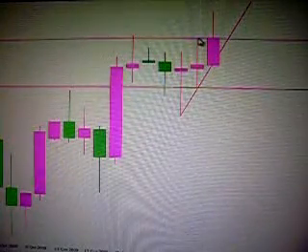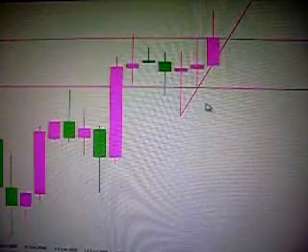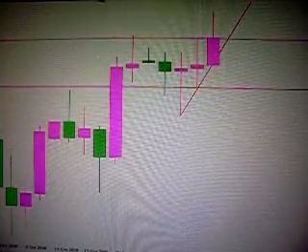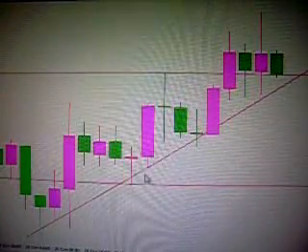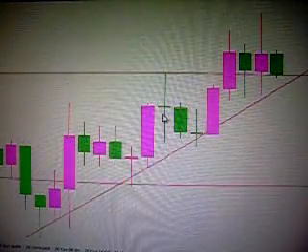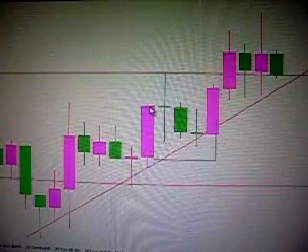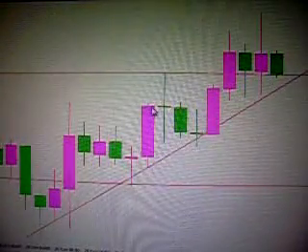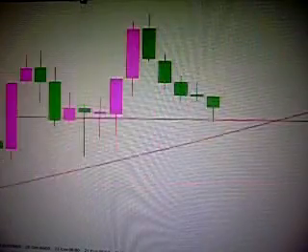You see again that I identified my resistance and my support. Fell down to the 4-hour time frame, and what I noticed last night is I had a lot of strength in that candle already. I was looking for an opportunity to short that.